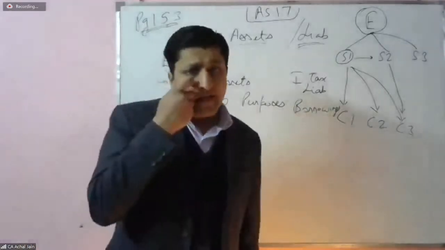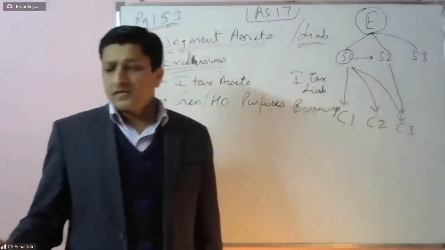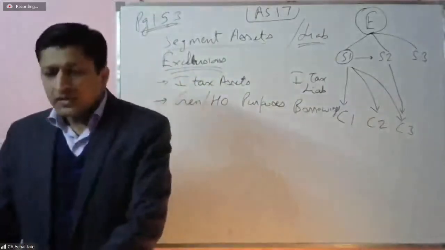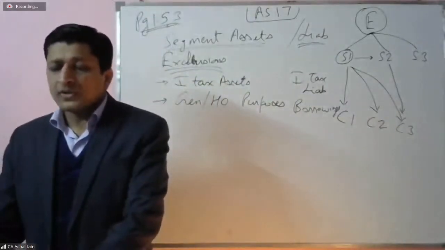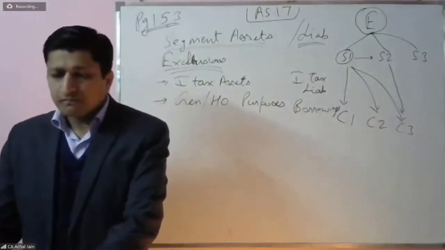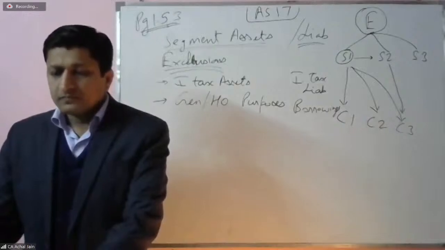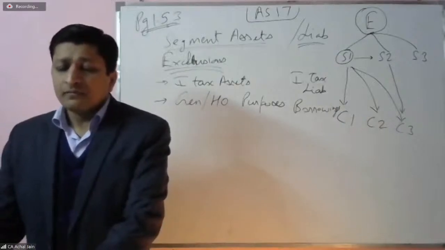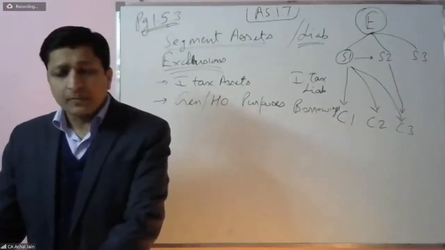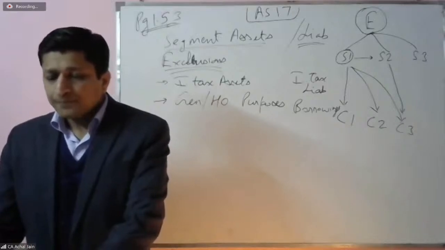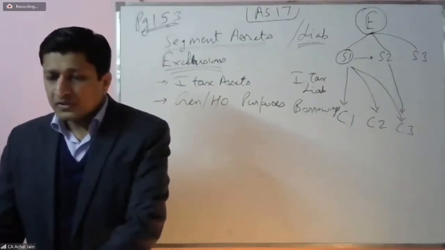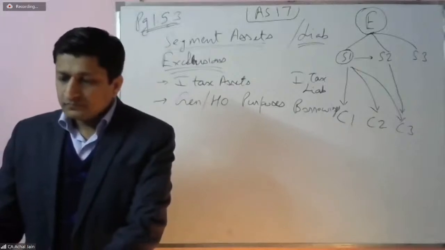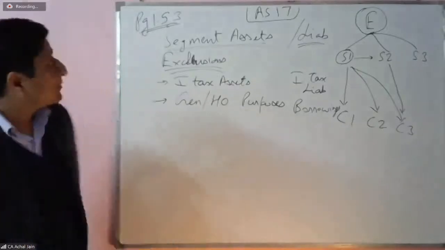Advance tax, deferred tax, all of these are income tax assets. They will always be excluded from the segment disclosures, because you can't call them as specific to a particular segment. So I think we can now move to illustration number 3 on page 1.60.